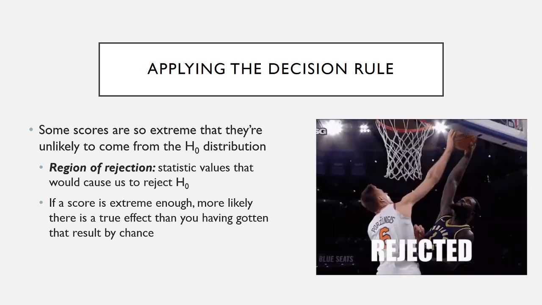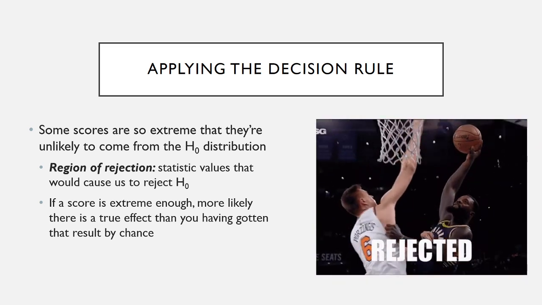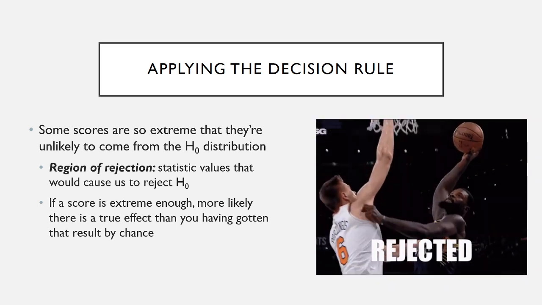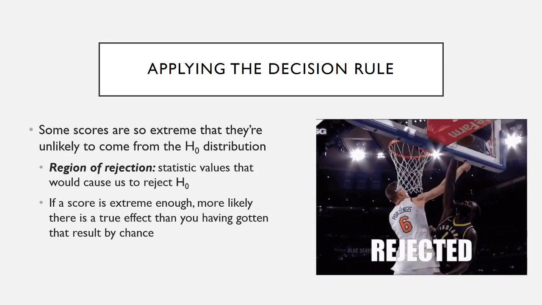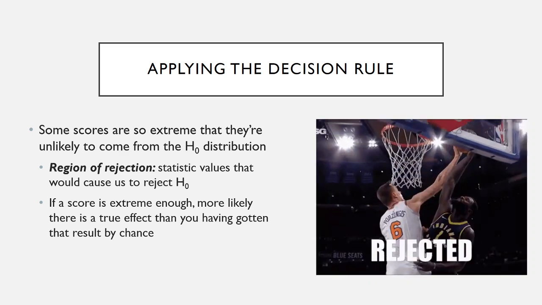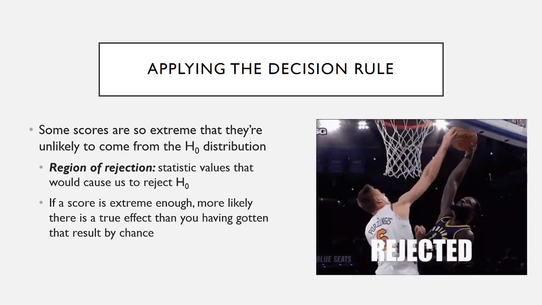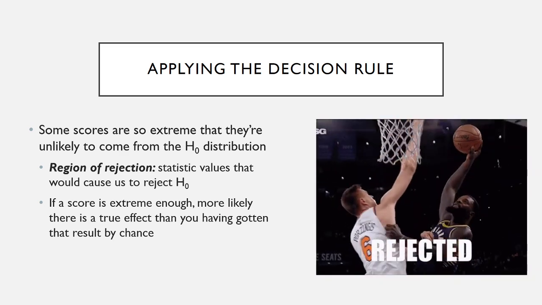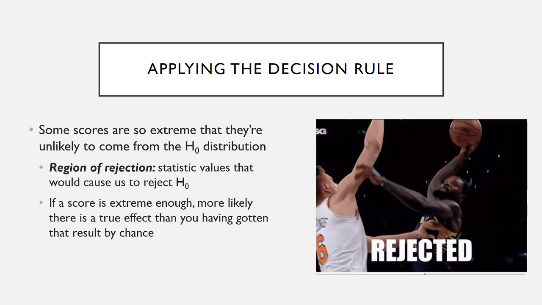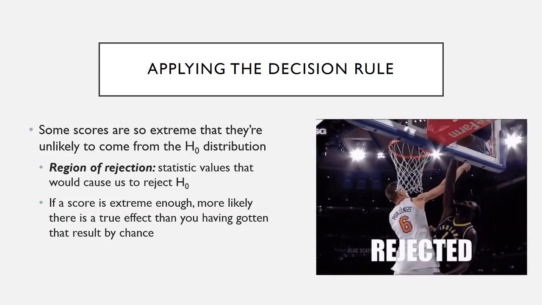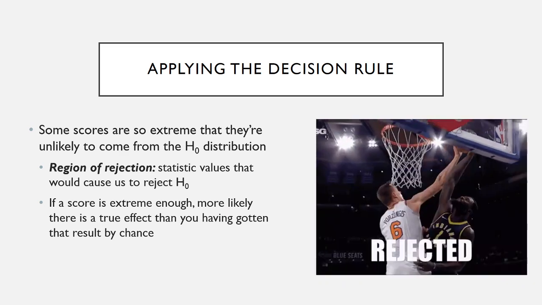Again, the idea is an extreme score, although theoretically possible to come from the null distribution, i.e. to happen by chance, if it's extreme or unlikely enough to get us into this defined region of rejection. Yes, it is possible that our results were a fluke and just happened by chance, but more compelling of an explanation is that the null distribution is just not true.